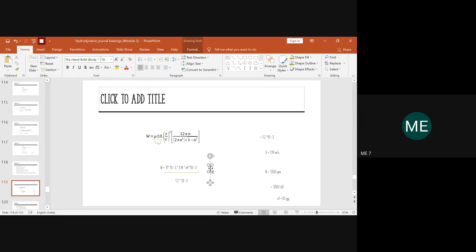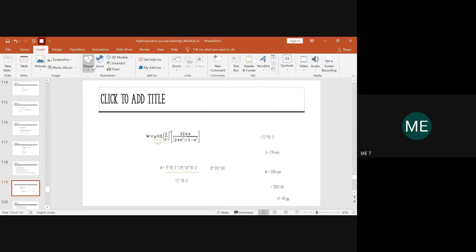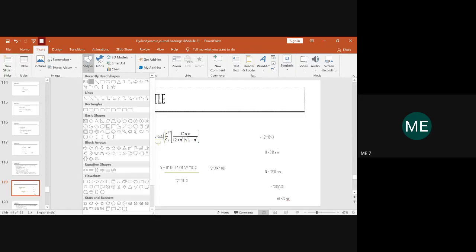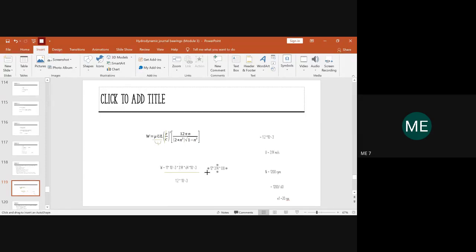And here it is 12 into pi value is 3.14 into n is 0.8. Yes, what is the answer you do get? Kindly calculate and let me know.